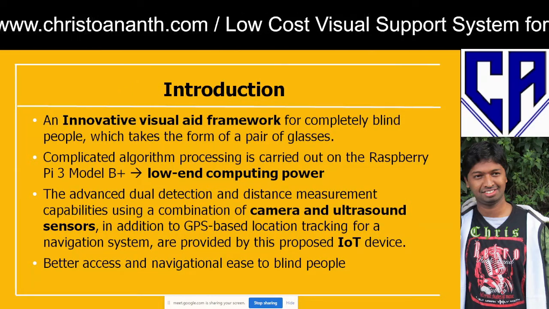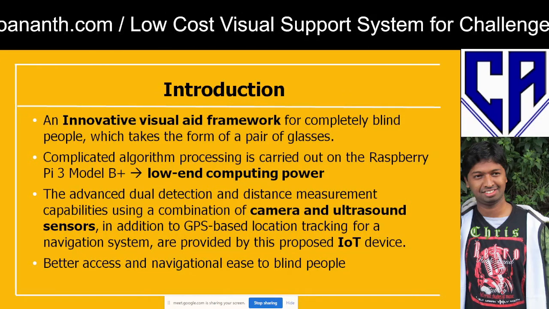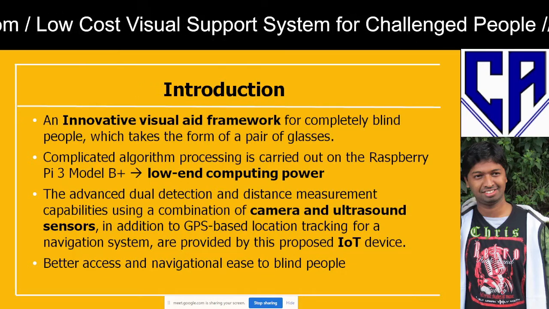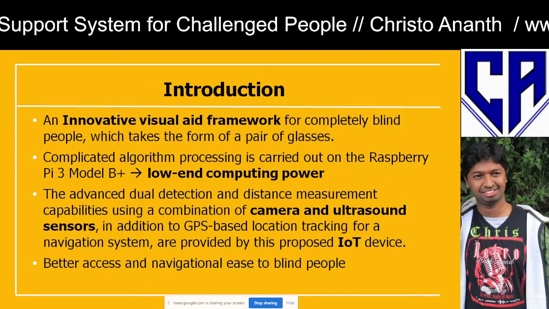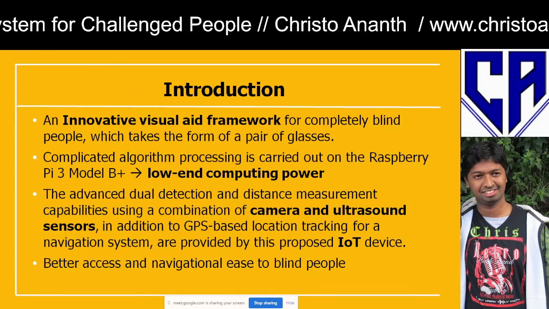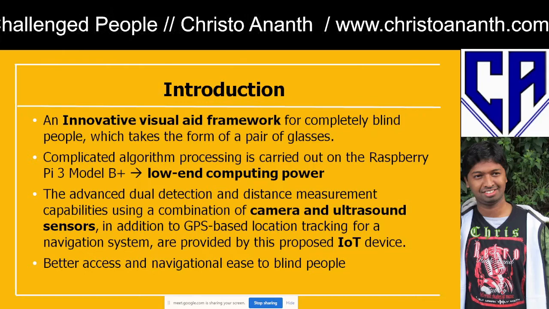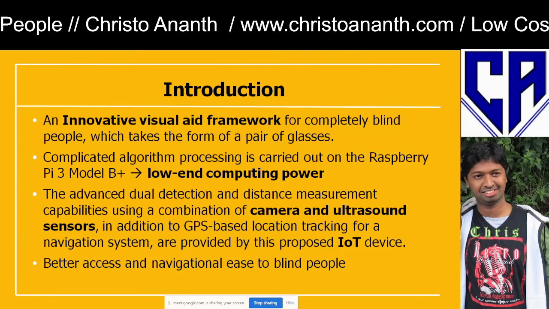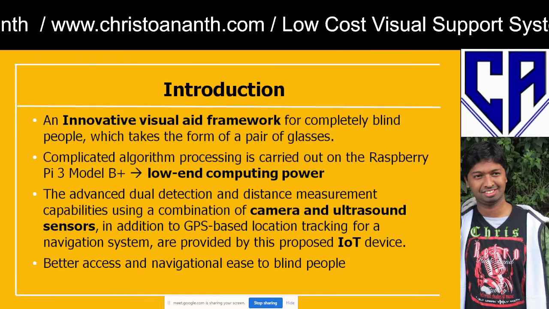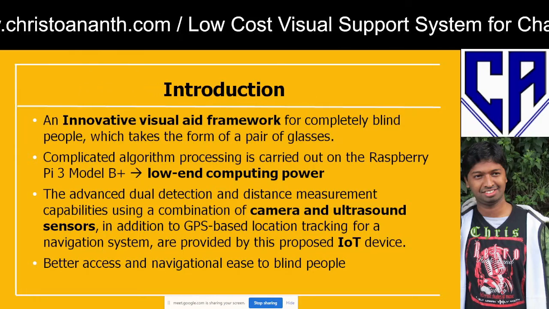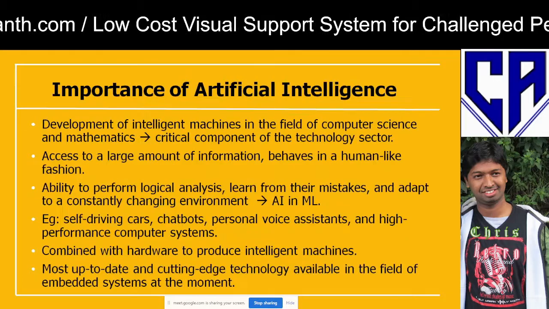Also we have a camera as well as ultrasound sensors in order to capture the input. In addition to it, for location tracking, we use GPS-based location tracking for a navigation system. Definitely it is provided by the IoT, Internet of Things, device. So definitely with this advantage, we are going to have better access and navigational ease for blind people.